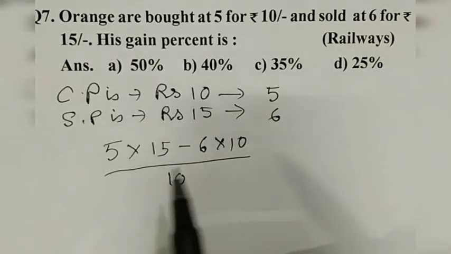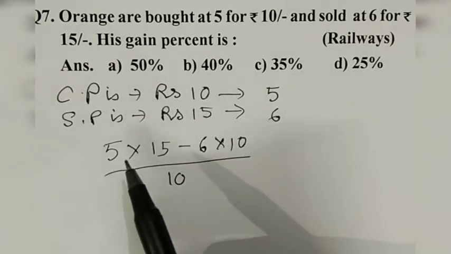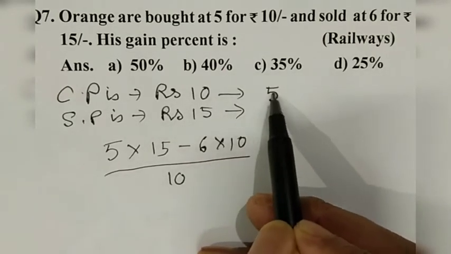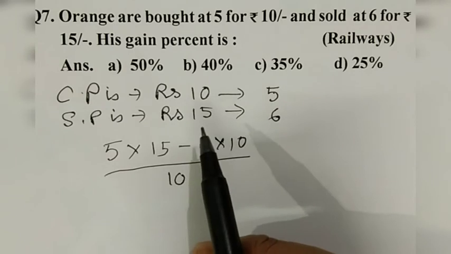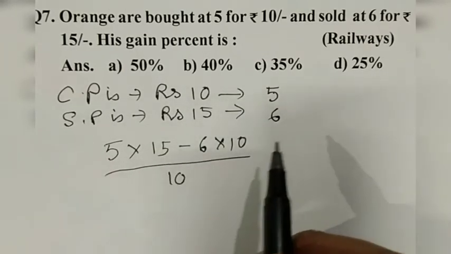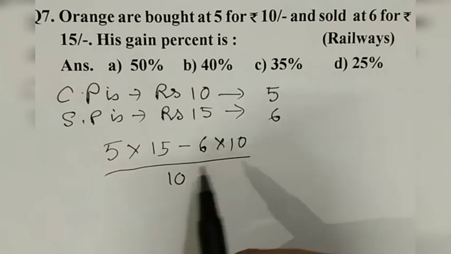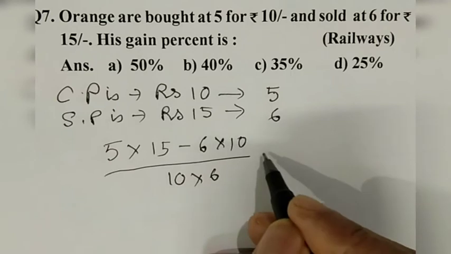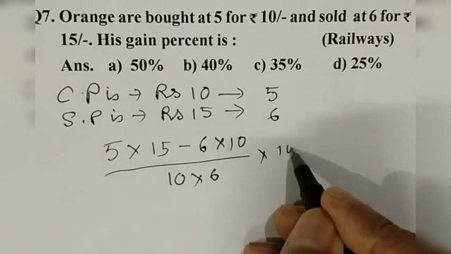I am repeating again, gain percentage is articles number of cost price into selling price minus remaining by remaining into 100%. Okay?